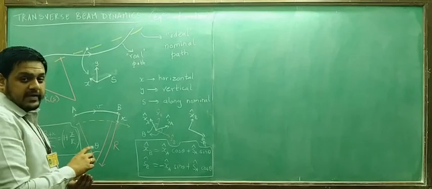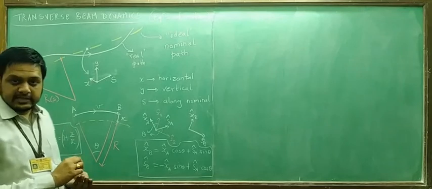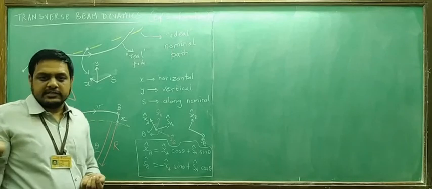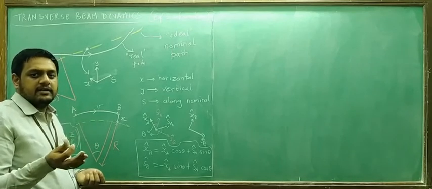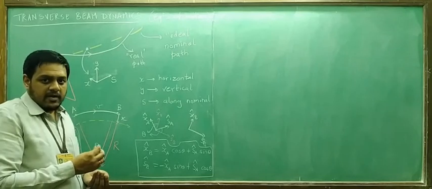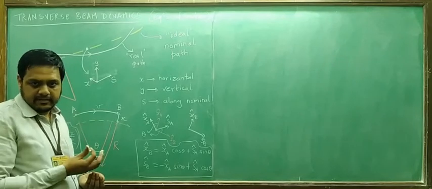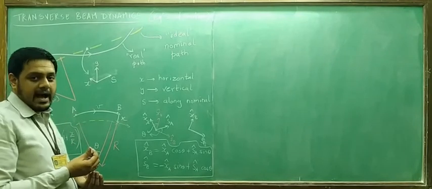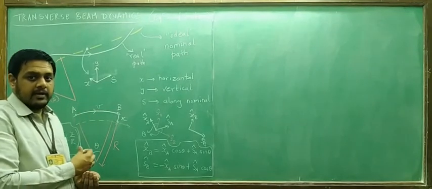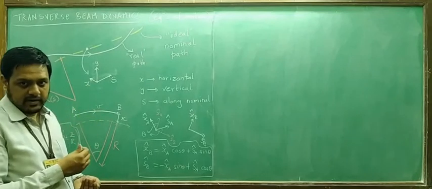Now we will try to see what we need when we write down the Lorentz force equation. You know that the Lorentz force equation is basically force is equal to charge into velocity cross product with the magnetic field, and force will be gamma m into acceleration. So acceleration is basically r bar double dot, since it's a vector quantity, and velocity is r bar dot, again a vector quantity.